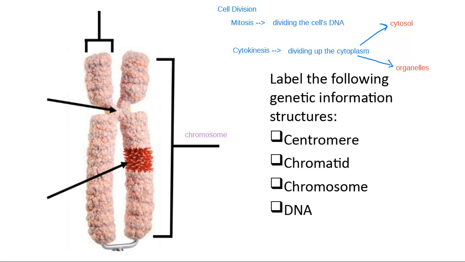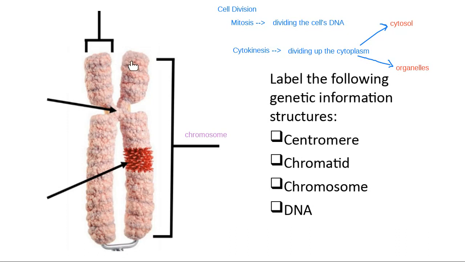This X form is actually going to be split in half, and we'll see that as we look at the process of mitosis. We're actually going to chop it straight down the middle. So an X-shaped chromosome is actually made of two halves that are exactly identical to each other.